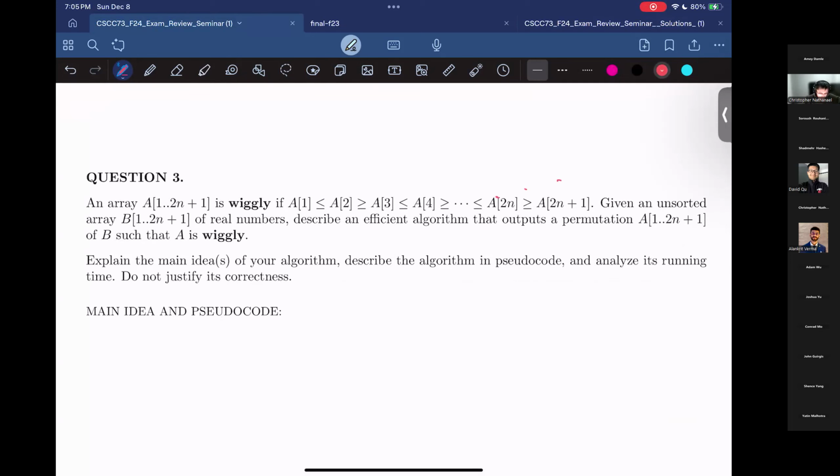Given an unsorted array B of real numbers, describe an efficient algorithm that outputs a permutation A of B such that A is wiggly. So from B, construct a new array A with the same elements as B, but A is now wiggly. Reorder them to make them wiggly.